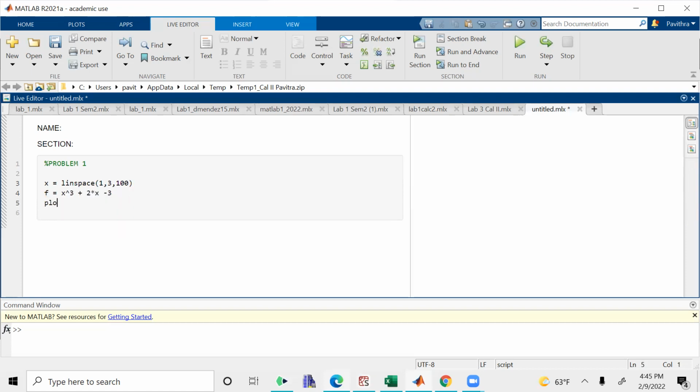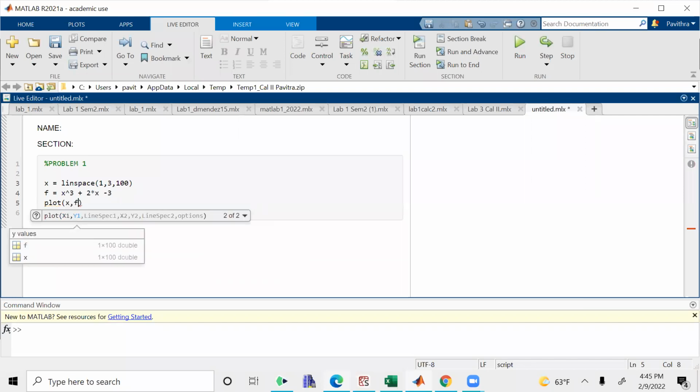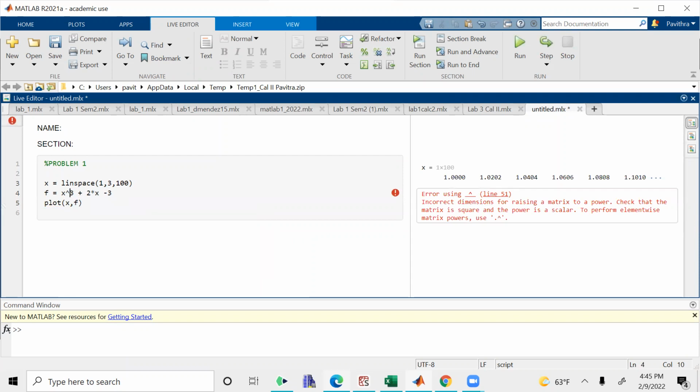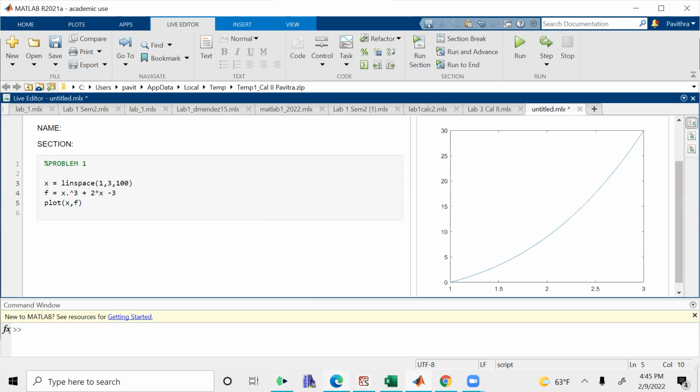And then you can use plot x comma f, right? But you have to write the dot operator here because this is a vector. There you go. That's your graph for problem 1.